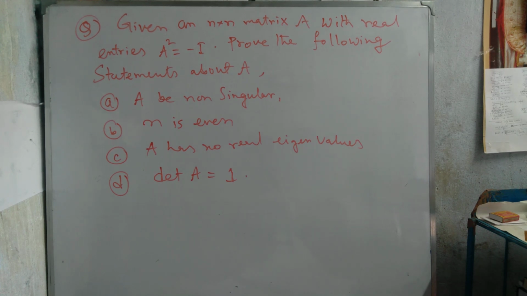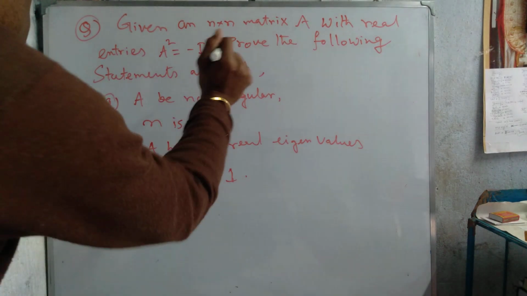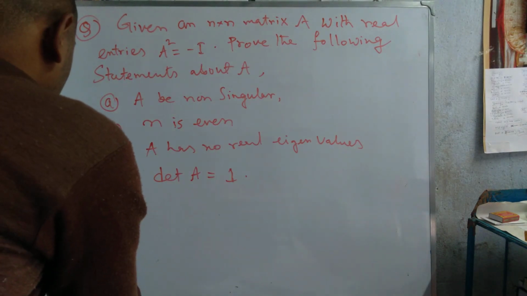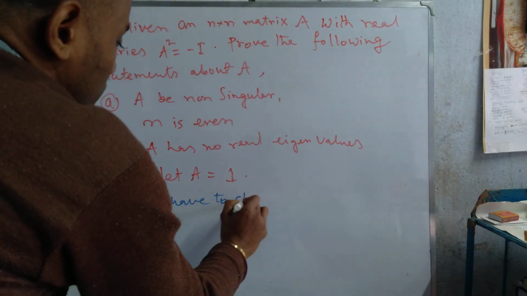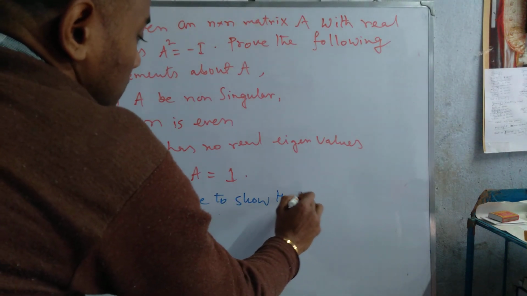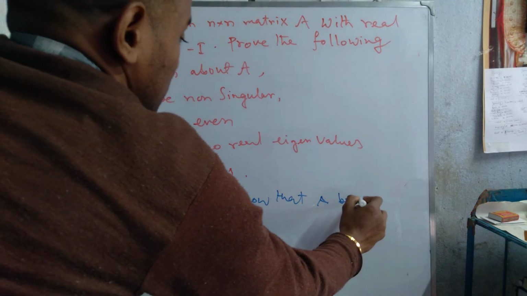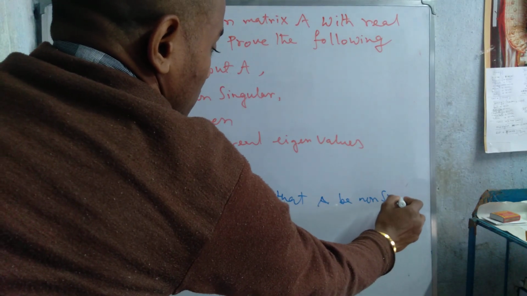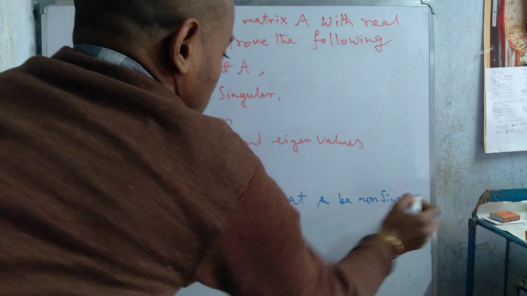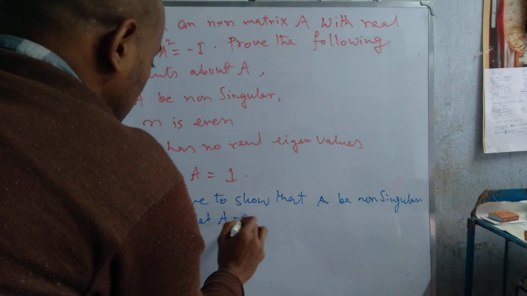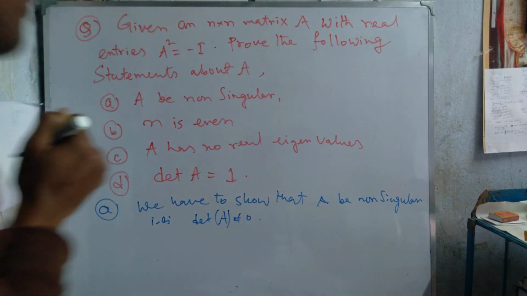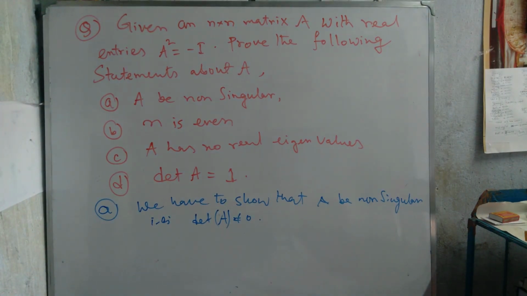Now first, to start with, A is non-singular. That is what we have to show. If we show that det A not equal to 0, then this problem is done.